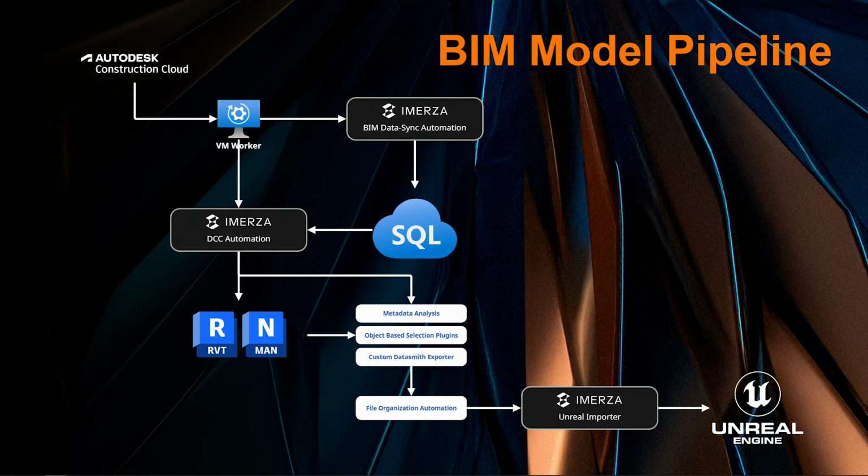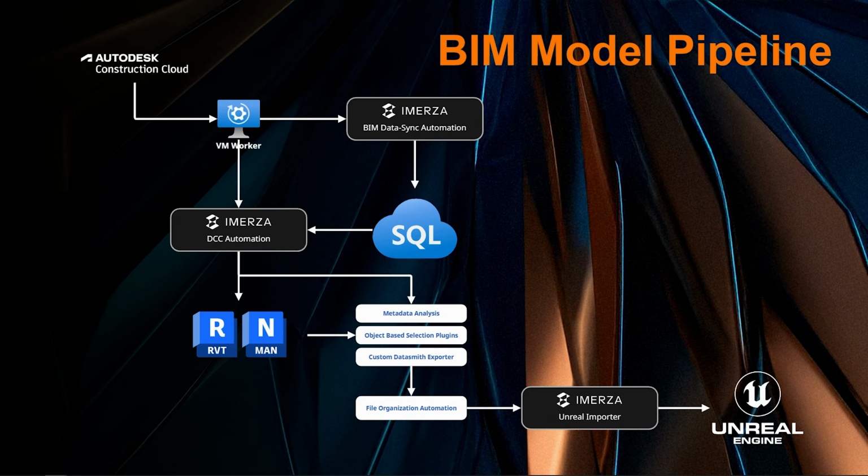So our general pipeline, we have a connector to ACC that we're then doing two things with. We're validating, like we just spoke about. We're then syncing the data down.